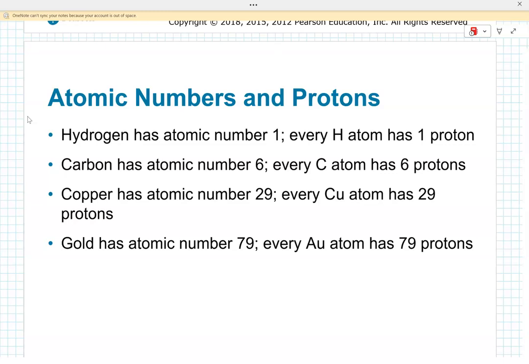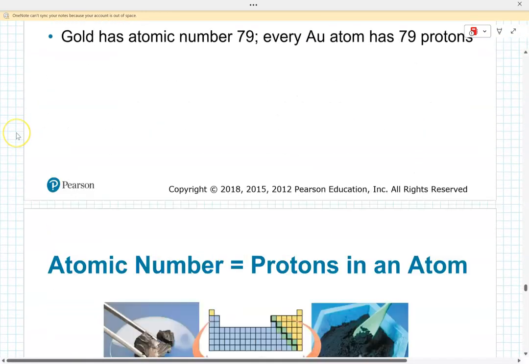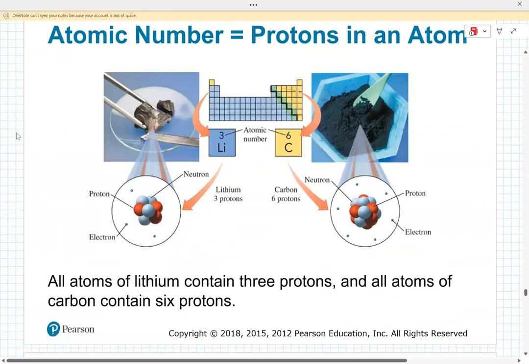Like if you have an atom which has 12 protons, you can look right there, 12 protons, it's magnesium. That's it. That's all you need to know. Okay? So we got this. You must remember that atomic number is equivalent to the number of protons.